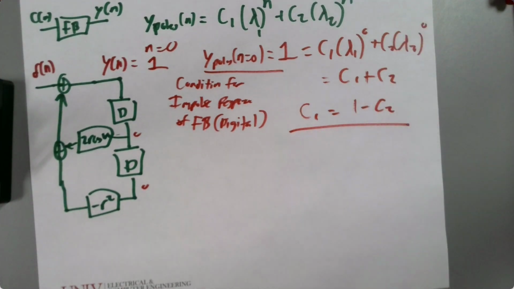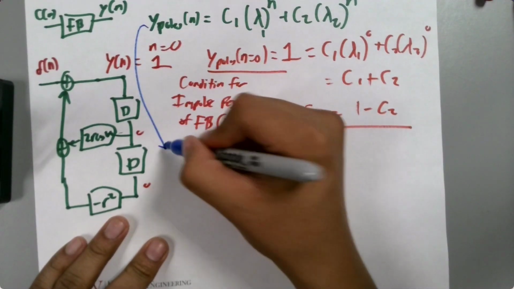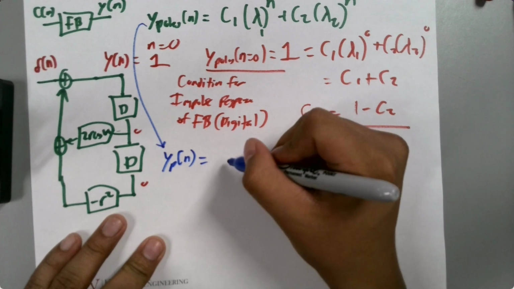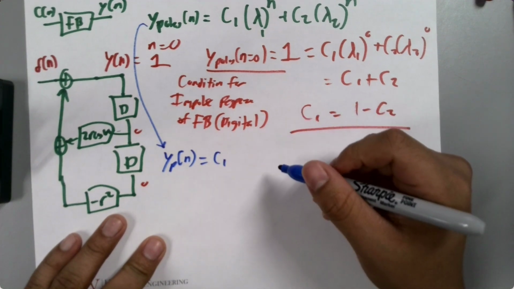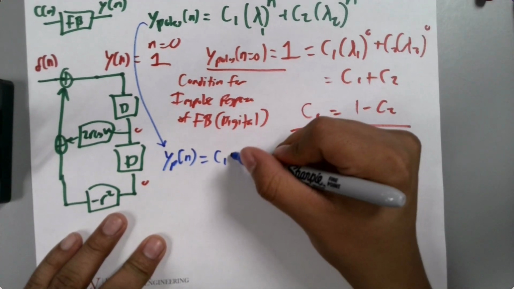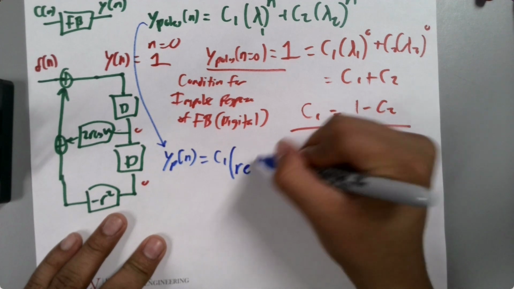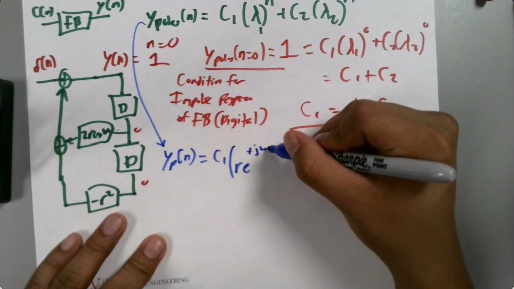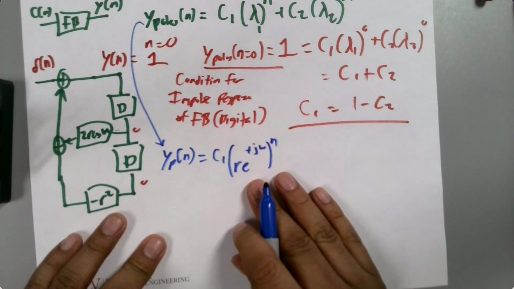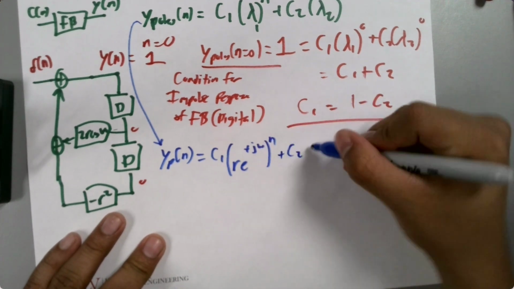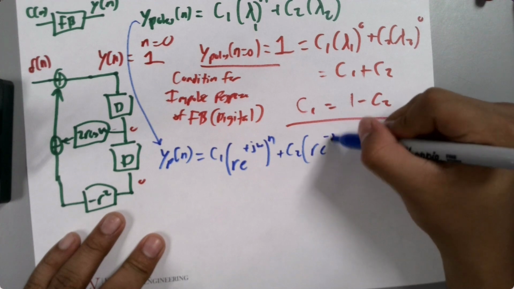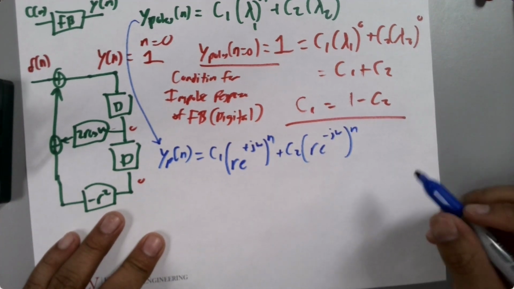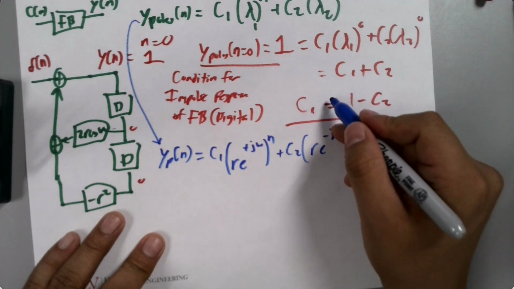And then one thing I didn't do is this. yp is equal to C1 r e to the positive j omega n, the entire thing is n, plus C2 r e to the minus j omega n. Okay? So we just figured out this one right here, right?